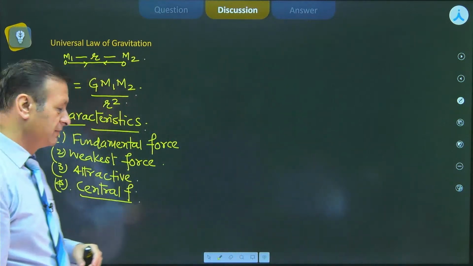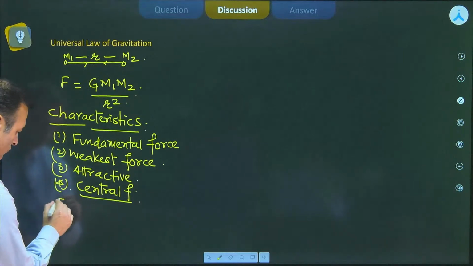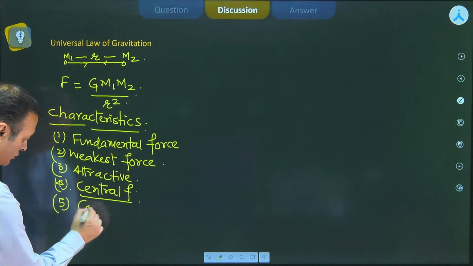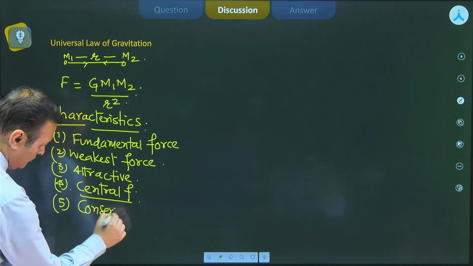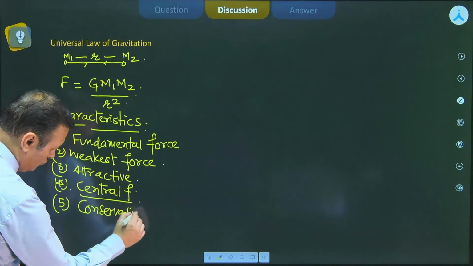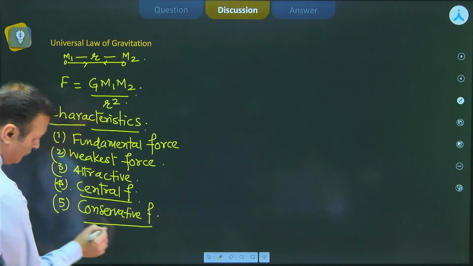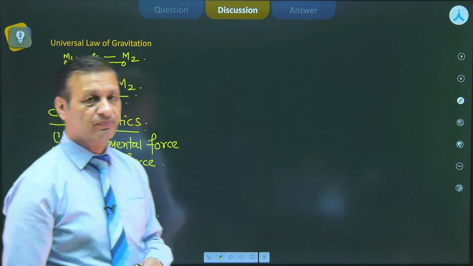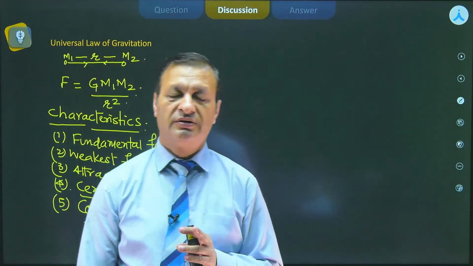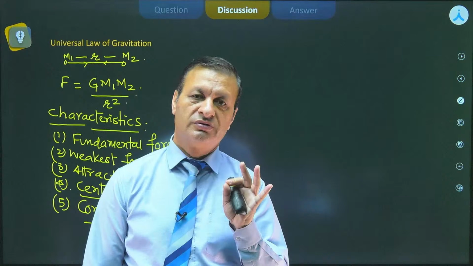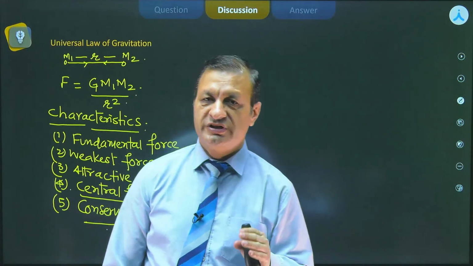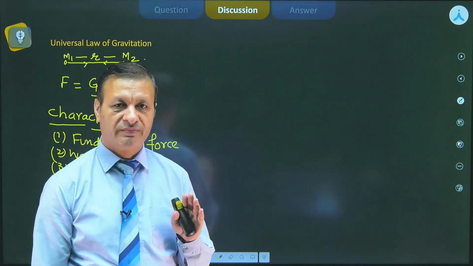You got it or not? Then this is a conservative force. Very important, conservative force. Gravitational force is a conservative force.